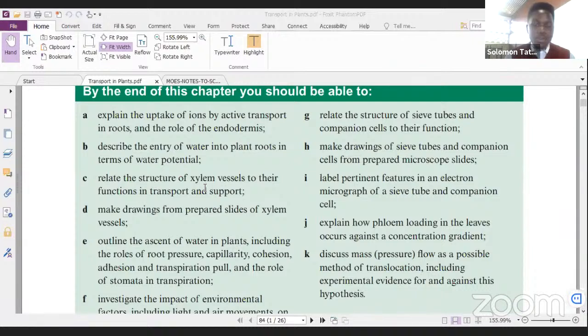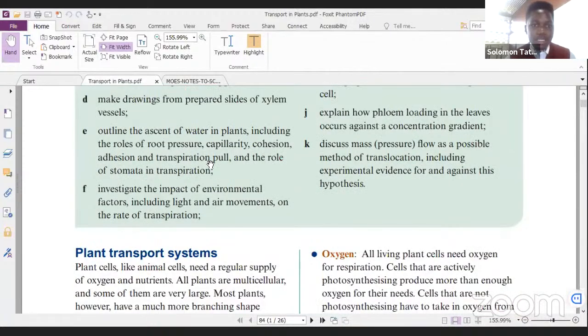Make drawings from prepared slides of xylem vessels. Outline the ascent, meaning ascending or uptake of water in plants, including the role of root pressure, capillarity, cohesion, adhesion, the transpiration pull, and the role of stomata in transpiration. This was partly mentioned by Joe.